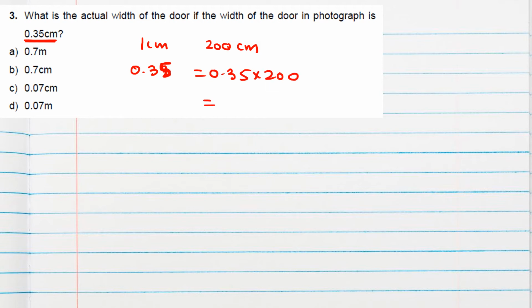So we will get 70 centimeter, right? 70 centimeter is not given in the options, so we'll check whether it matches if we convert to meter. So 0.7 meter will come. Yes, it is there in option A. So option A will be the correct option.